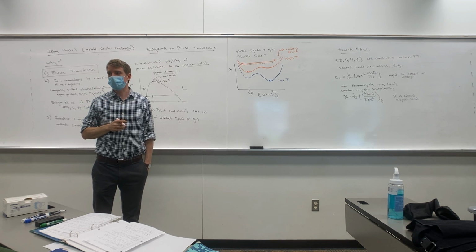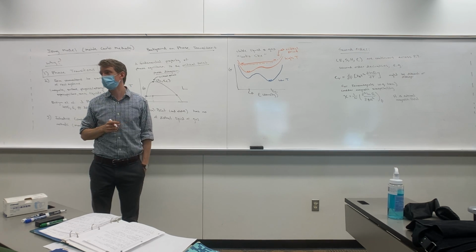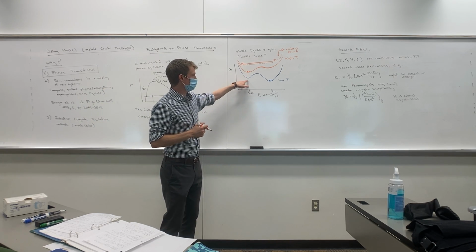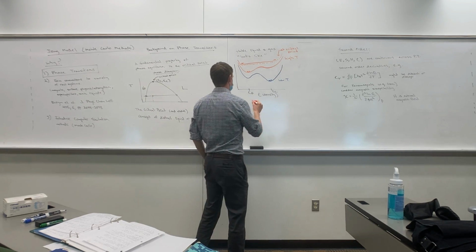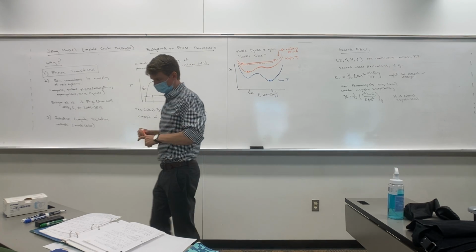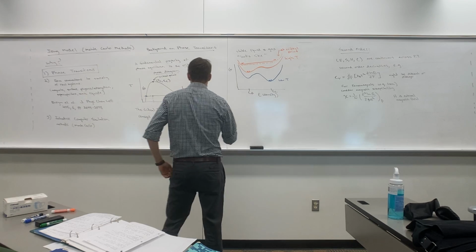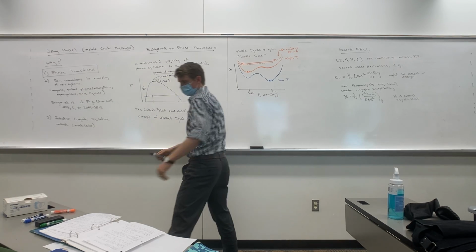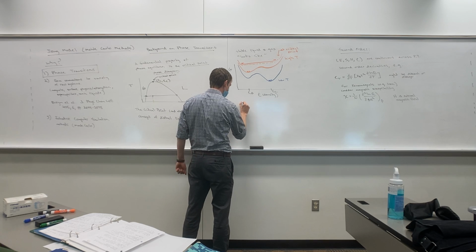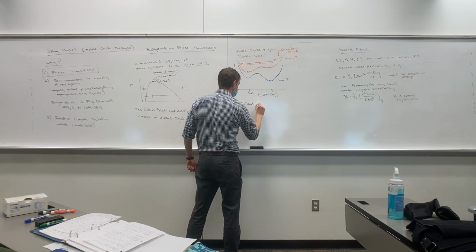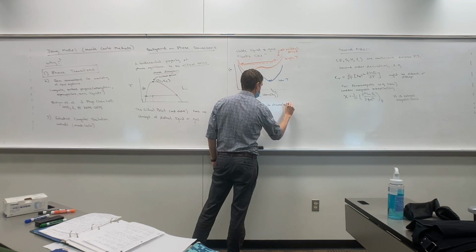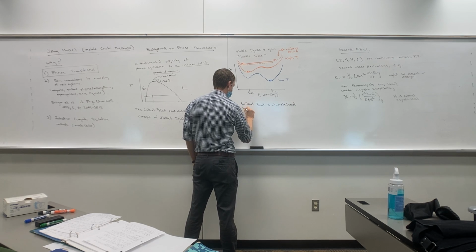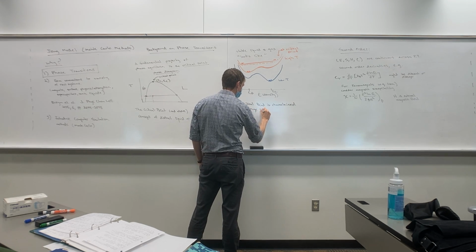And so that means the critical point is characterized by huge fluctuations in density, right? Because I'm no longer constrained to a minimum. I'm exploring the entire range of density. So the critical point is characterized by huge, even diverging fluctuations.